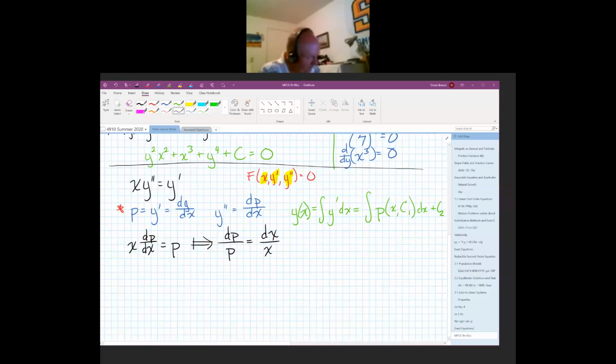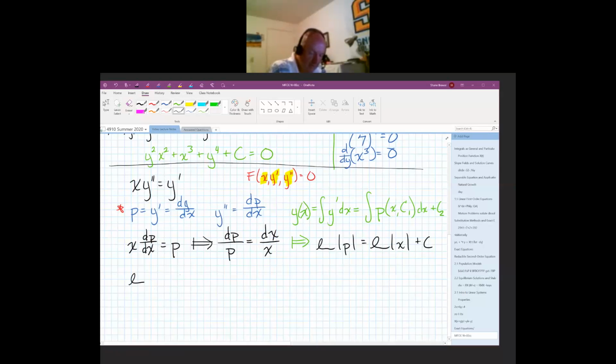Mm-hmm. And then we integrate. So that's going to be ln of p equals ln of x plus c, right? Okay.